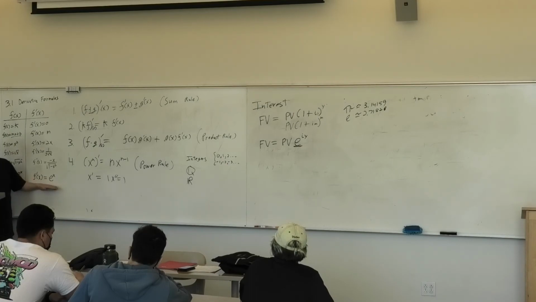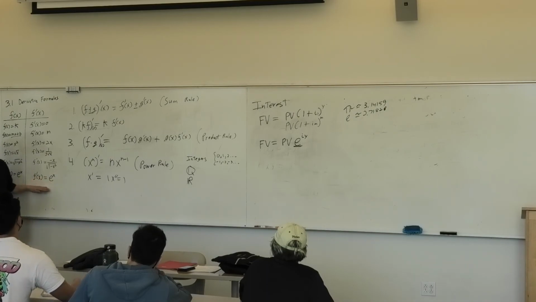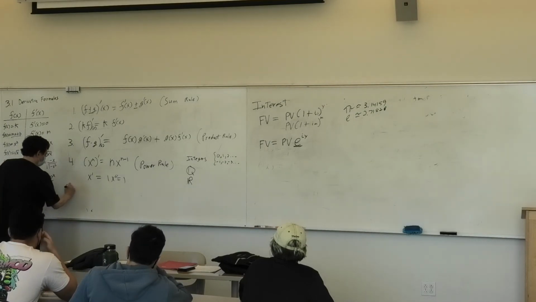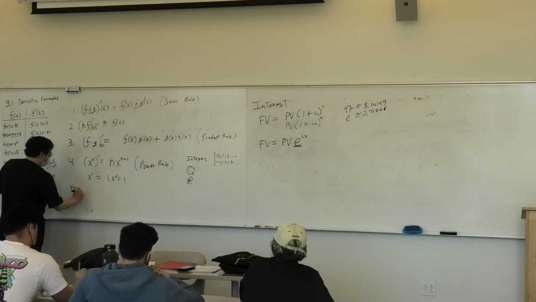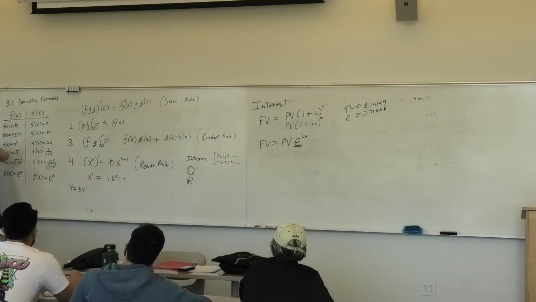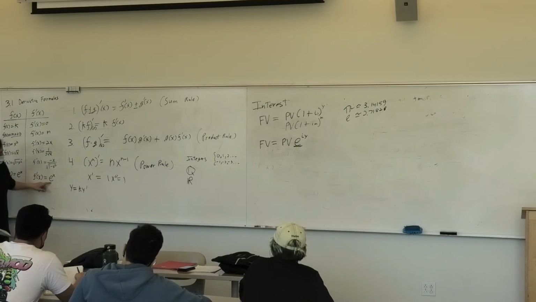This has enormous applicability. If you're interested in science, biology, physics, and economics, you run across differential equations, and this function is extremely important in solving them. You can see why: if you have an equation like y equals some constant times the derivative of y, this looks like a good place to start looking.